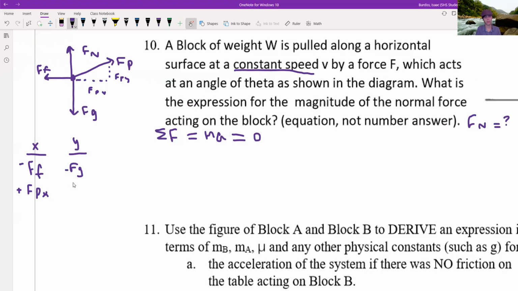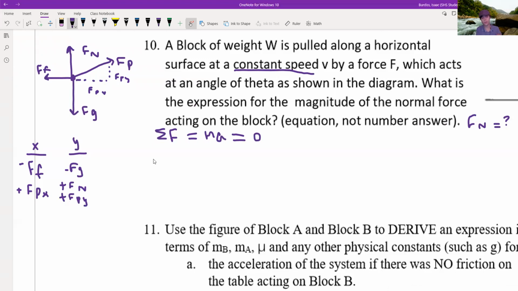Whenever you have something that's just on a flat surface, up is positive and down is negative. Fn is positive, and FPY is also positive because it's up. So that took long enough.